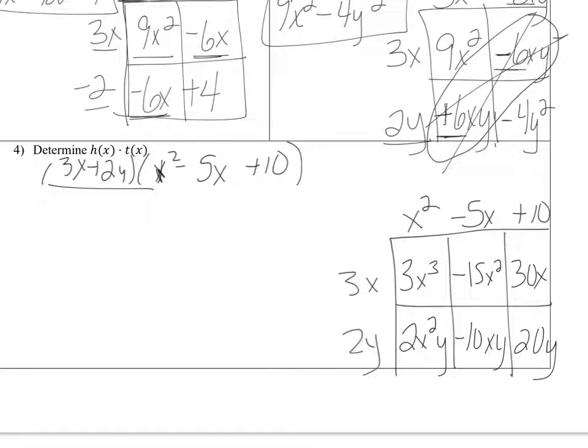Just making sure I did my math right, sort of. So then we combine like terms if we can. In this case, because this binomial had a y in it, there aren't going to be any like terms. Pretty exciting, right?